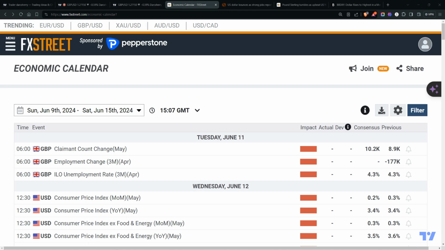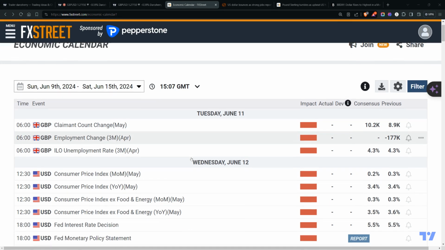Based on the asset we are looking at the moment, we are going to be focusing on high impact events from both the United States and the United Kingdom economic docket. On the economic calendar here, the first high impact event is going to be coming in from the United Kingdom on Tuesday, June 11th, and that is the climate count change.